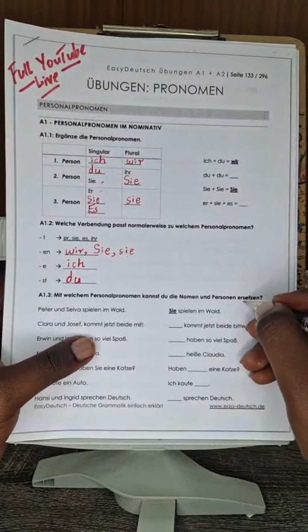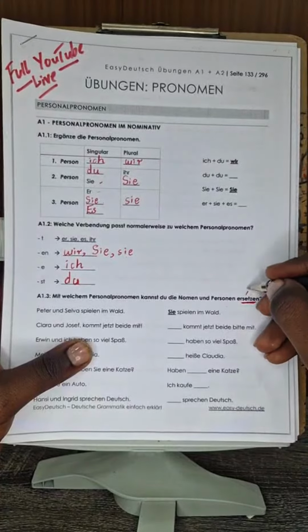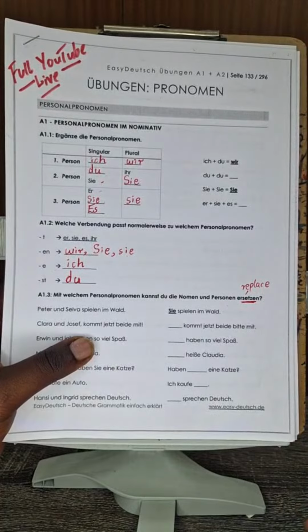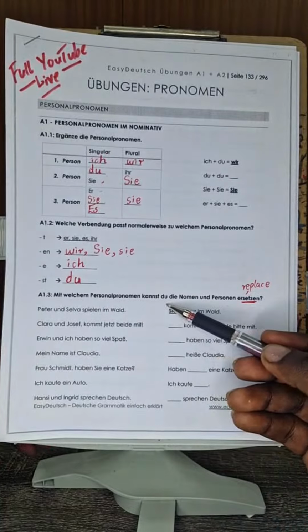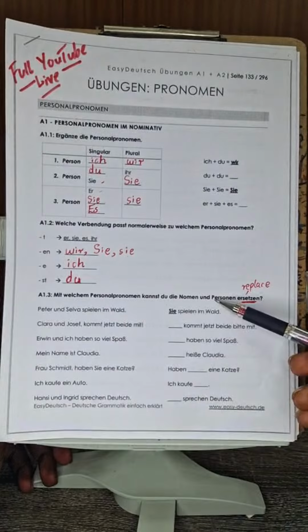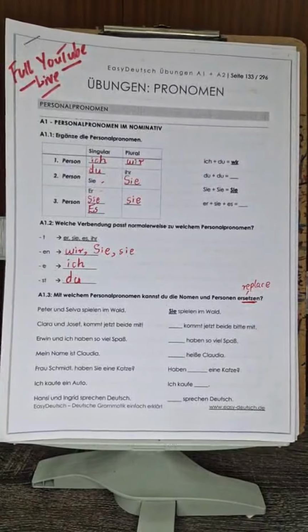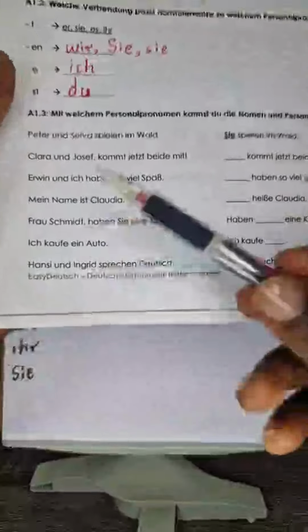Just copy the following words down. The word ersetzen means to replace or to substitute. They're asking us which personal pronoun can you use to replace the nouns and the people given in this sentence, right? So they would like us to replace the nouns and the people used in this sentence with the appropriate personal pronoun. So let's go ahead and see the sentence.